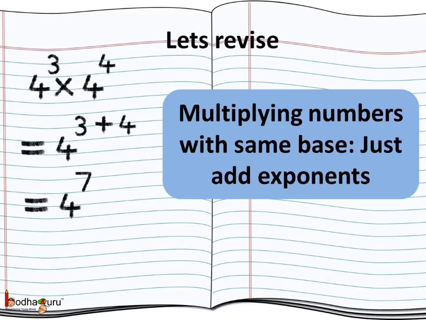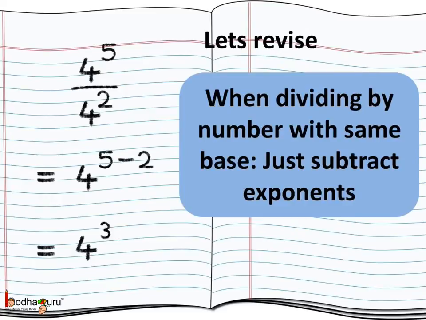Clear? What about division? While doing division with numbers with the same base, we subtract the exponent of the denominator from the exponent of the numerator. Here, 4 to the power 5 divided by 4 to the power 2. This is equal to 4 to the power 5 minus 2, which is equal to 4 to the power 3.